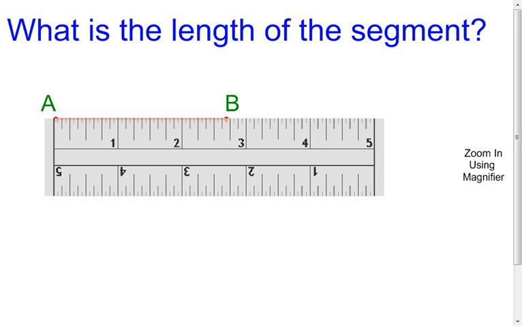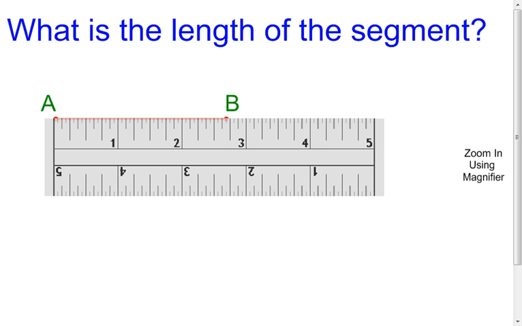So you're trying to figure out, well, do I call this 2 3/4 or do I call it 2 11/16? Now what you want to do is you're basically going to determine, well, which one is it closest to? Is it closest to the 2 11/16, or is it closest to the 2 3/4?